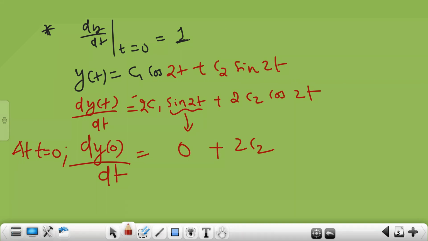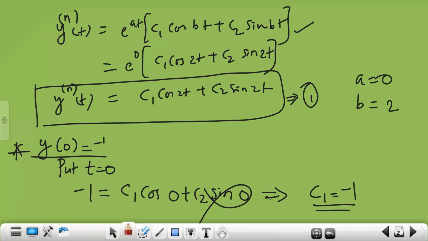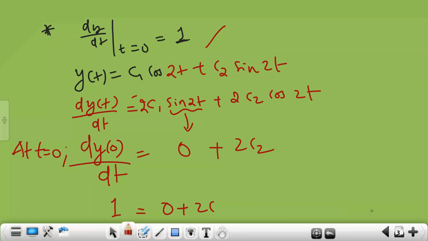So 1 is equal to 0 plus 2C2, which means that 2C2 is equal to 1, implies C2 is equal to 1 by 2. C2 is equal to 1 by 2. Correct? So as of now, we got C1 and C2.